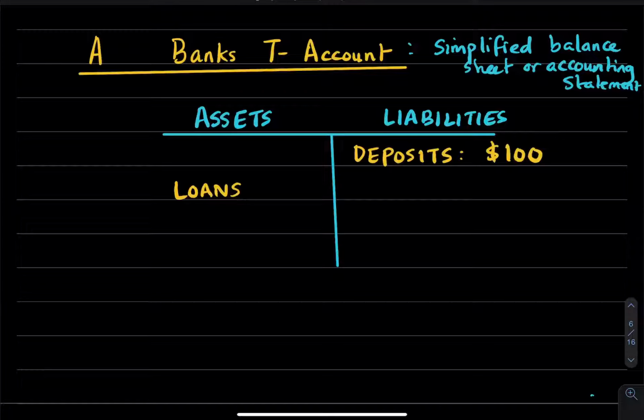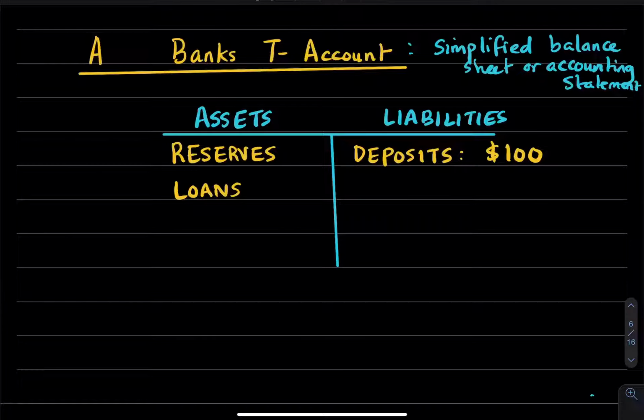And so the banks need to also retain some of those deposits as reserves. So reserves appear on the asset side because they are funds that are available to the bank.